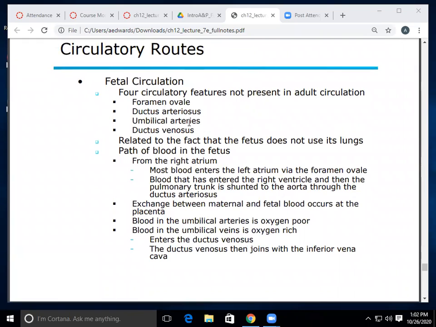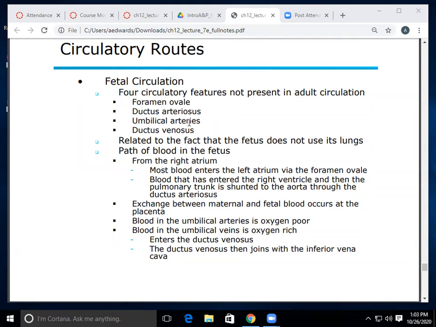Also, it should make sense to you that blood flow from a pregnant mother to the fetus would be sort of special or different. So you have four circulatory features that you don't see in adult circulation.